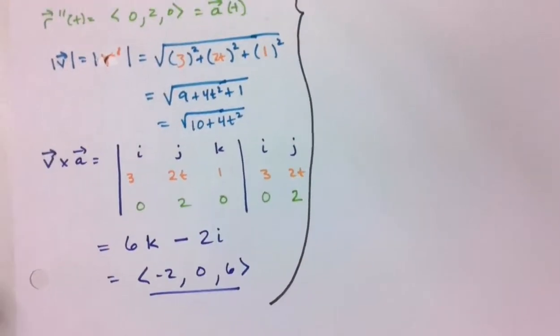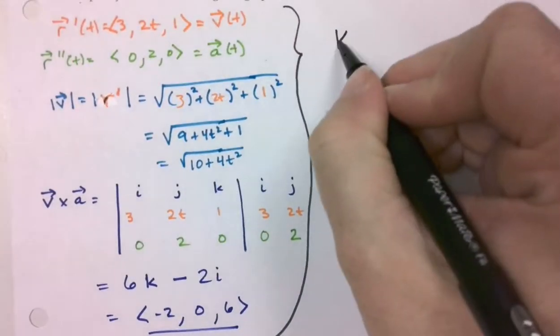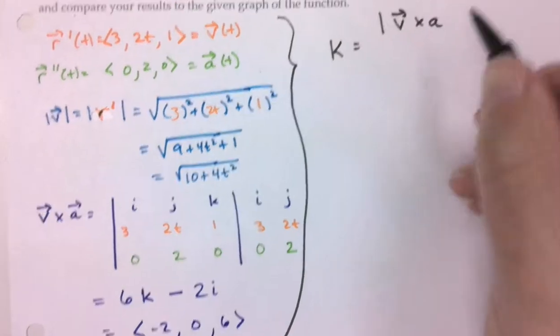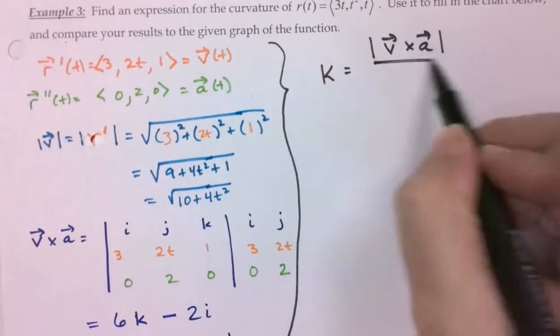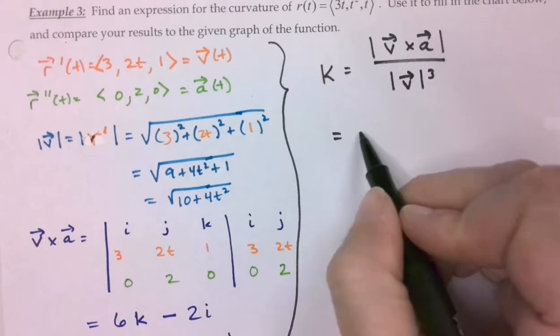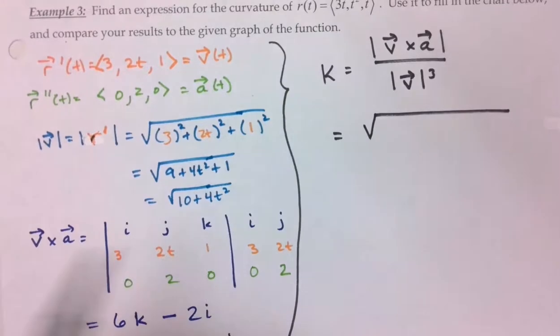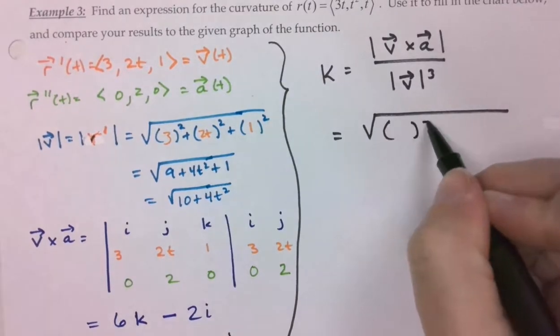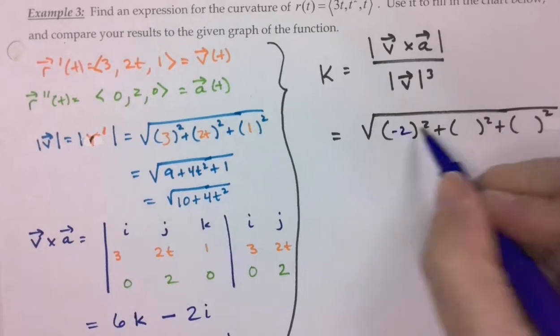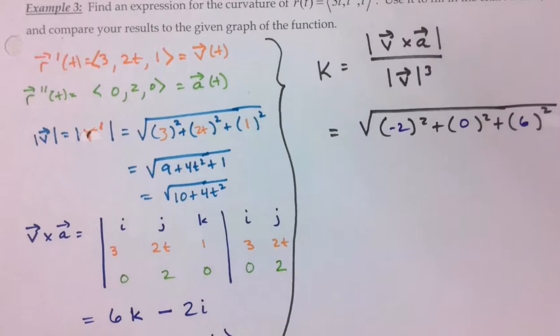So this is all work that we did ahead of time. So kappa is the magnitude of the cross product V cross A over the magnitude of V cubed, which is going to be the square root of negative 2 squared, 0 squared, and 6 squared, right?